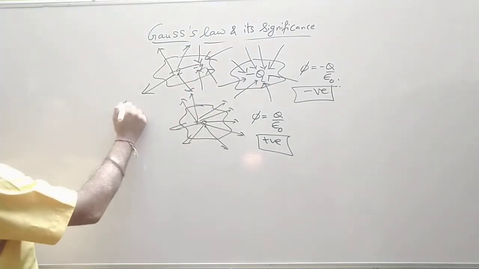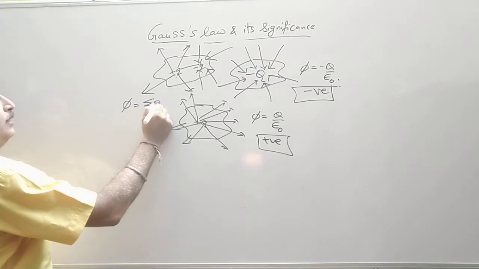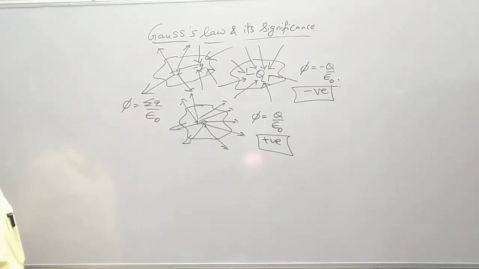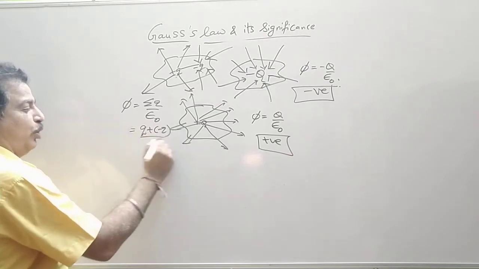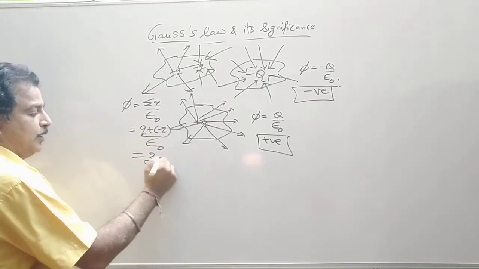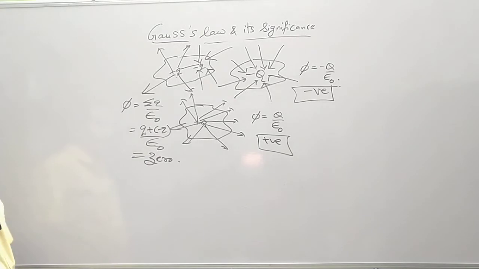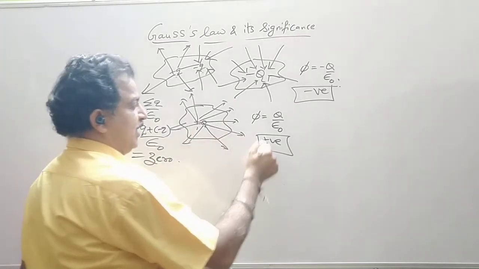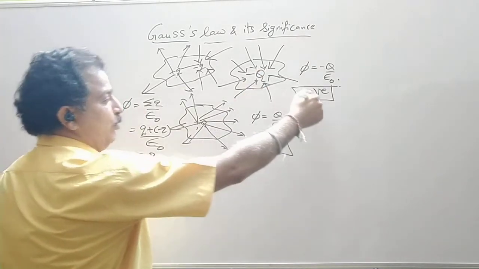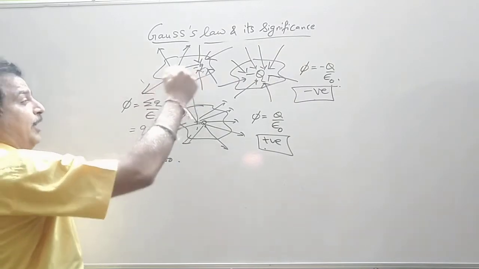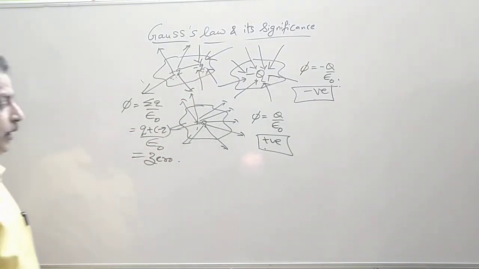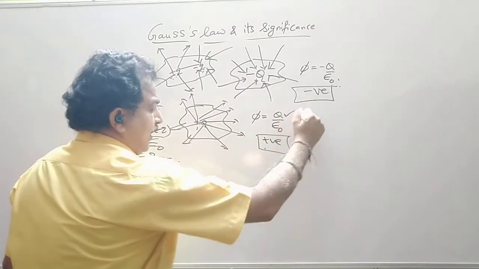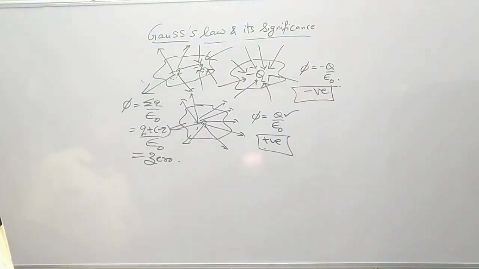Or if I apply the Gauss law, phi will be equal to summation q upon epsilon naught, that will be equal to q plus minus q upon epsilon naught. So the answer comes out to be 0. So if the charge enclosed is positive, flux is positive. Charge enclosed negative, flux is negative. If there are two equal and opposite charges, the flux comes out to be 0. So this is what we are taking, the charge enclosed in the Gaussian surface.